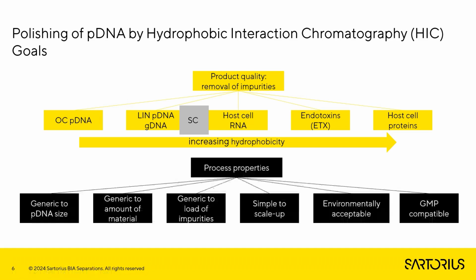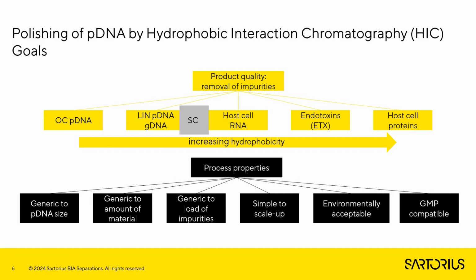The second aspect is more process related. It is highly appreciated if the process is generic to plasmid size, to the amount of material loaded, and to the load of impurities. It has to be simple to scale up, environmentally acceptable, and last but not least, GMP compatible.